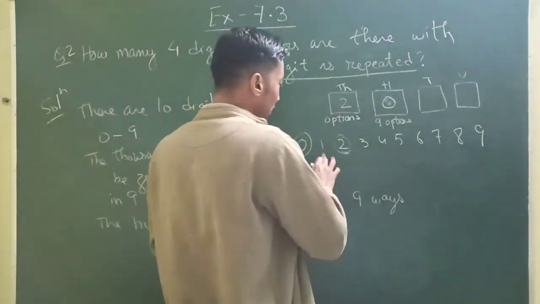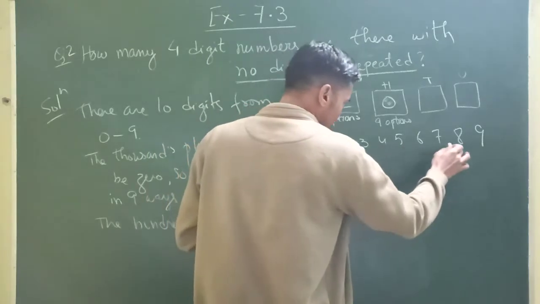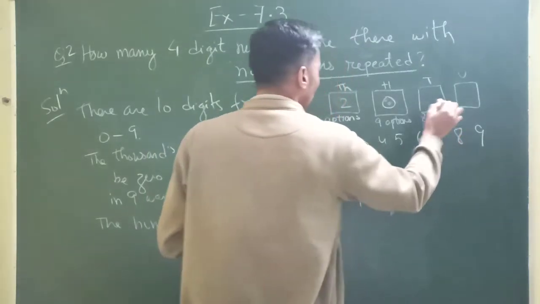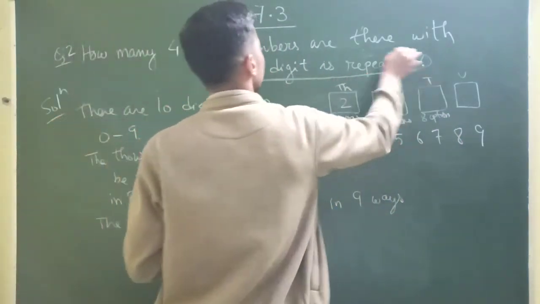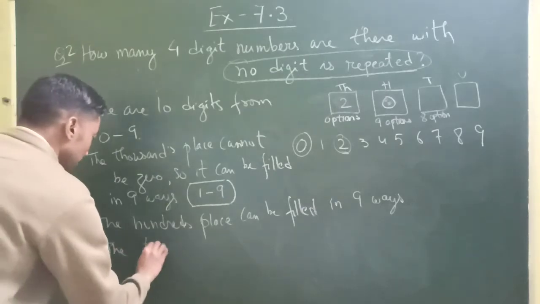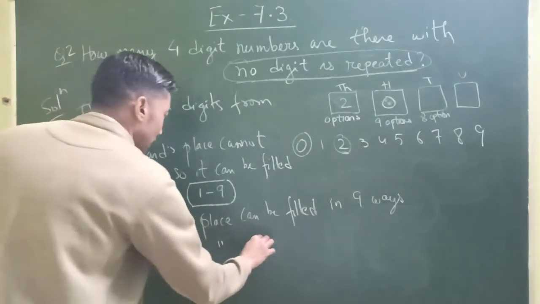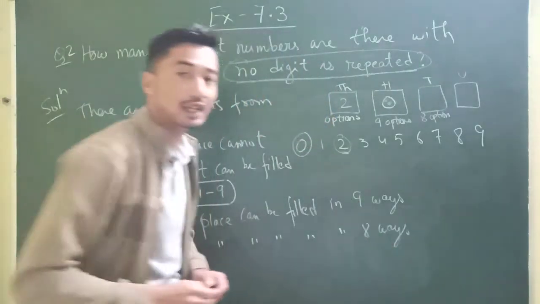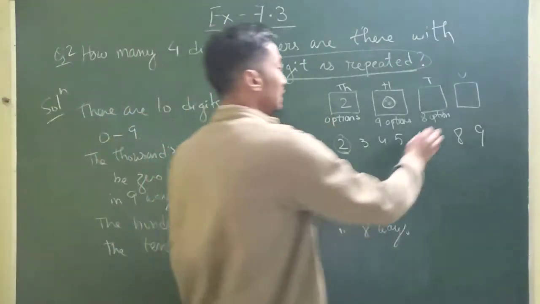Now how many options are left? 1, 2, 3, 4, 5, 6, 7, 8. All because no digit is repeated. That is a restriction here. So the tens place can be filled in 8 ways.